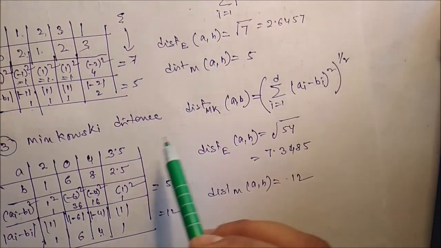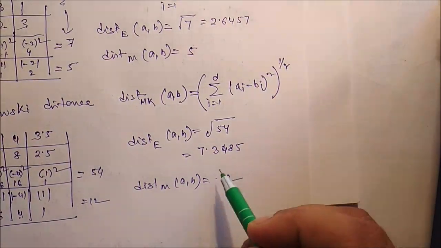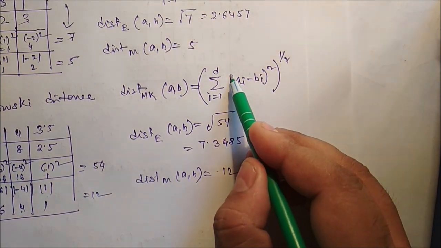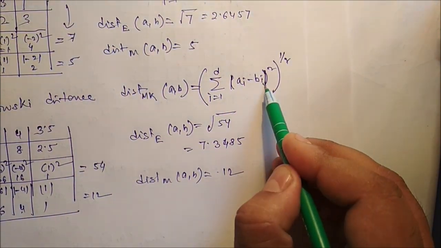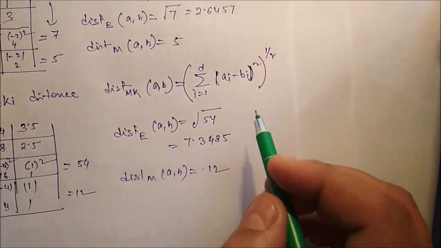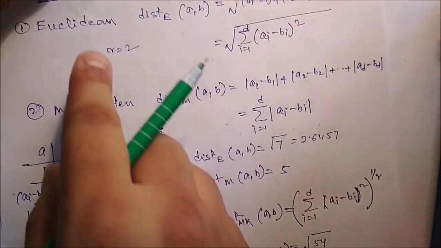Now you can see in the Minkowski distance, if r is equal to 1, then it is nothing but the Manhattan distance, and in such case it should be mod. If r is equal to 2, it is nothing but the Euclidean distance.